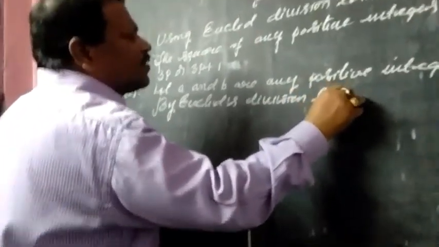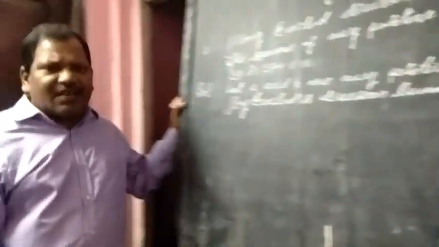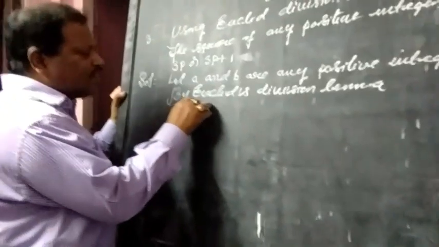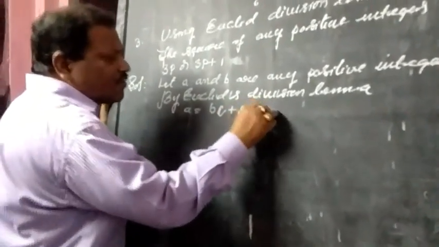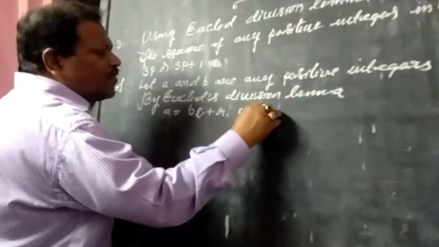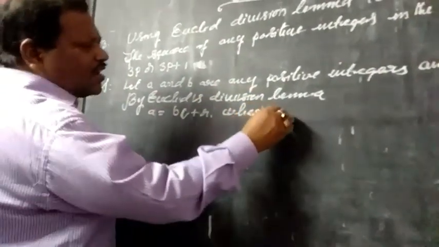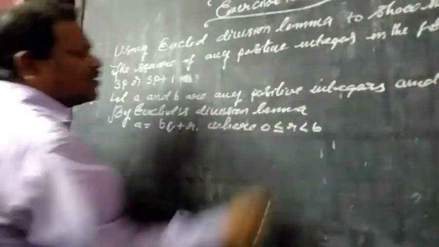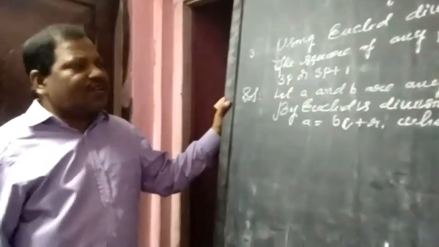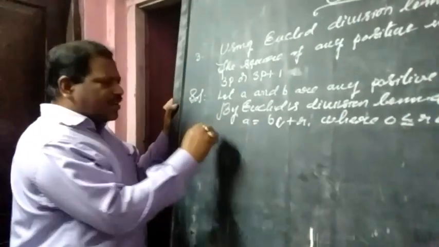Now by Euclid division lemma, what is the formula? A is equal to BQ plus R, where 0 is less than or equal to R, less than B. Already learnt it before in the video.